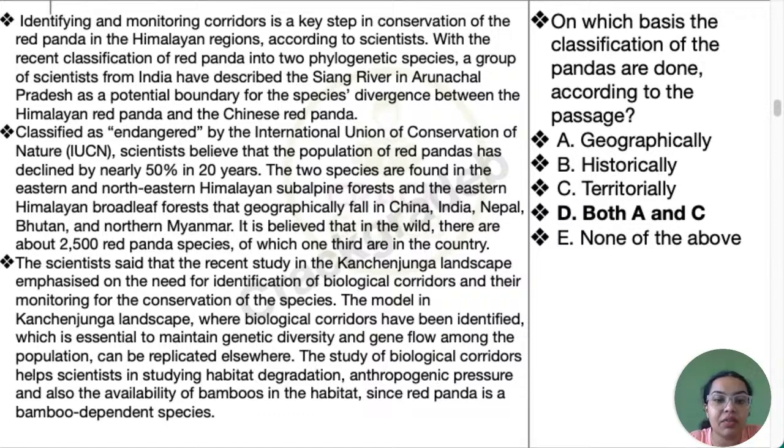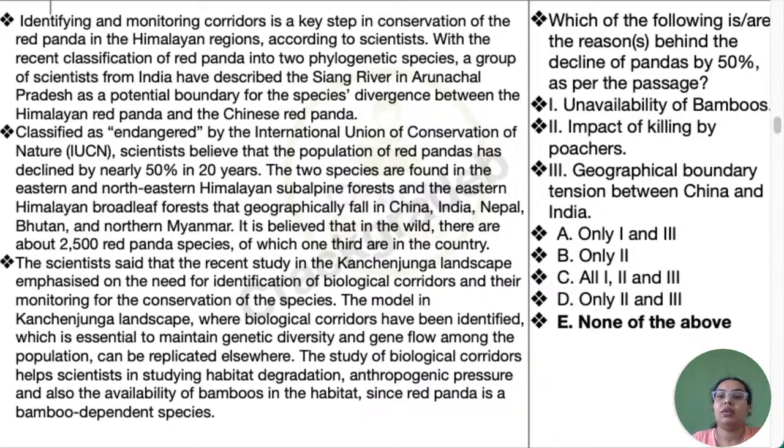Then we have the second one. What is or are the reasons behind the decline of pandas by 50%? Whenever you get a number, it's of great use. Take advantage of it. So we get to see classified as endangered. Scientists believe the population has declined by nearly 50% in 20 years. Now the reasons.